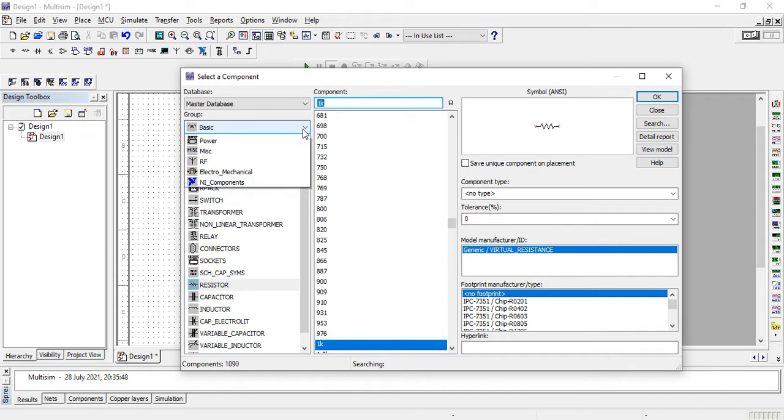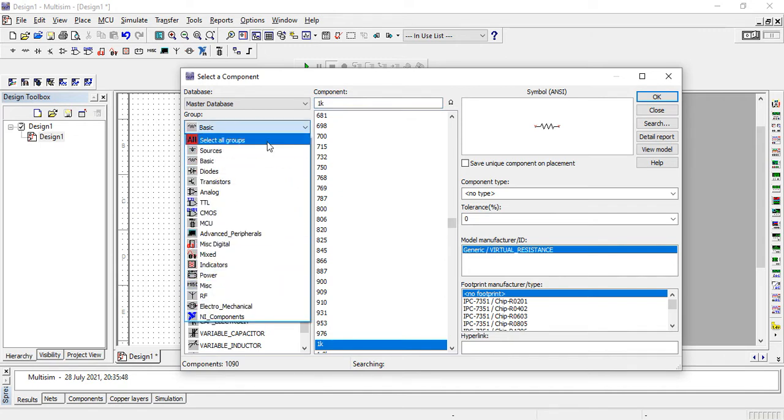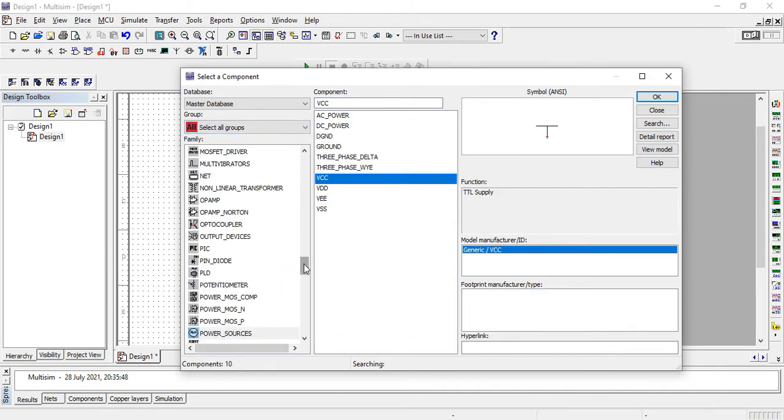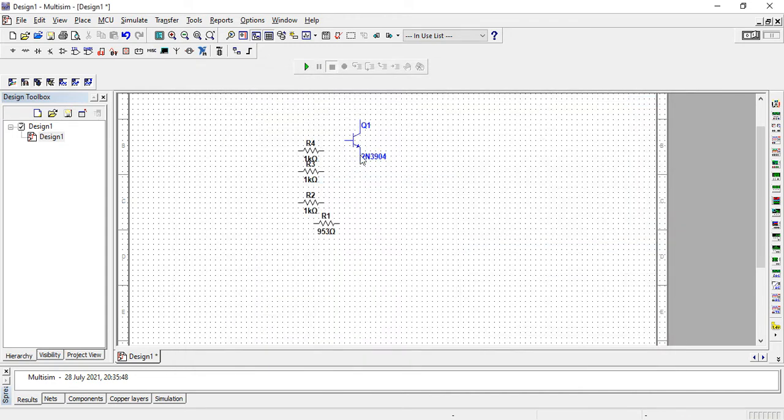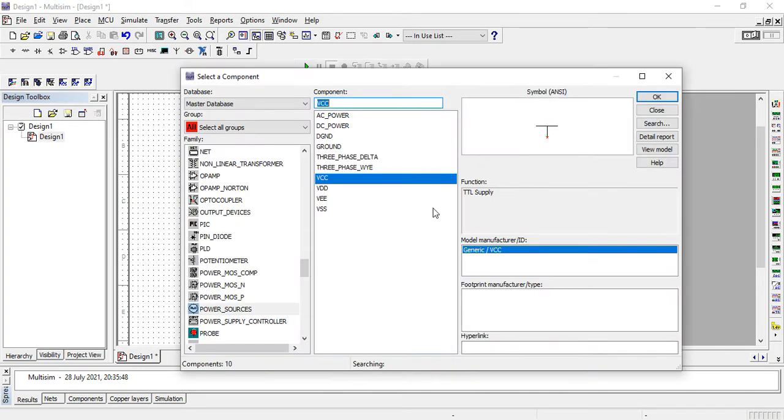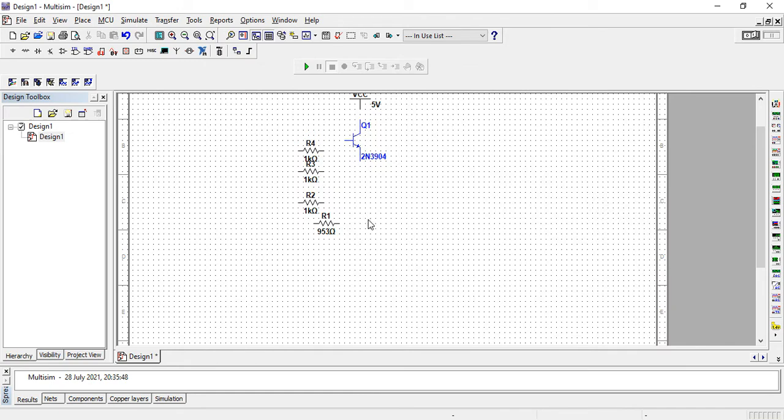And I also need ground and your sources, right? So because we are going to use a 20-volt supply and grounds, let's take more than one.